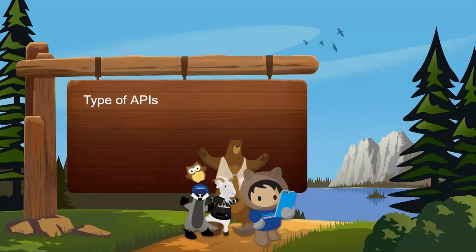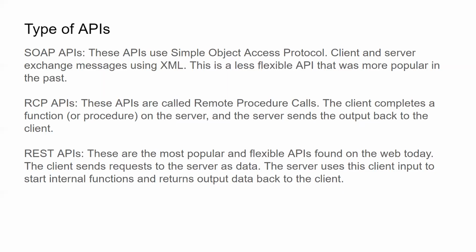So now we know that API is interacting two systems with each other, getting a request and retrieving the response. But what are the different types of APIs we have? There are many other ways nowadays, but just to give a picture of the mostly used ones, one is SOAP API.